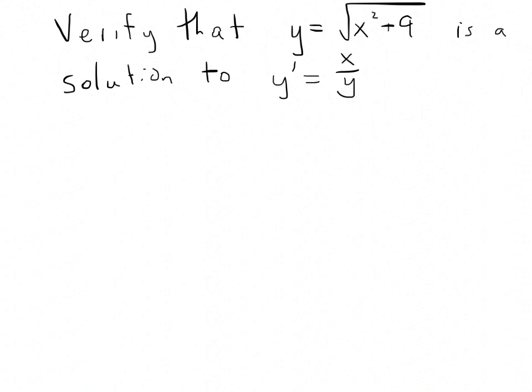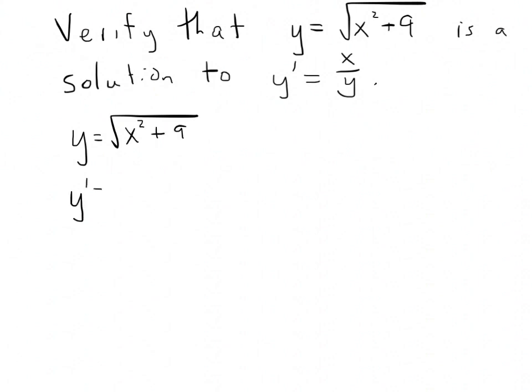If you've got time, I'd recommend you pause the video and try this one out. Take the original function, take its derivative, and plug those things in here. See if you end up with a true statement. You should, because I'm asking you to verify. So take a minute and do that. So assuming you just did that, you started off by saying y is the square root of x squared plus 9.